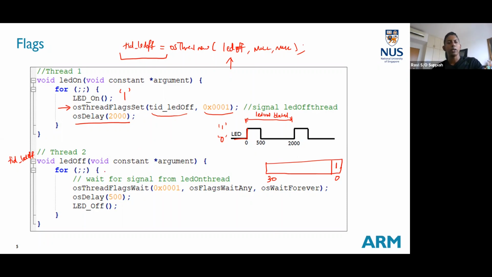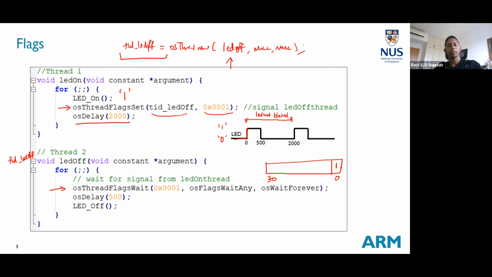When LED off starts, the first thing it does is call OS thread flags wait. When I call OS thread flag wait, I do not specify any task ID because it is referencing its own task. Only when I do thread flag set do I specify the task ID, depending on which task I want to set for.